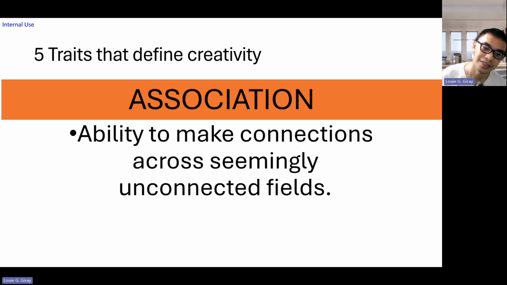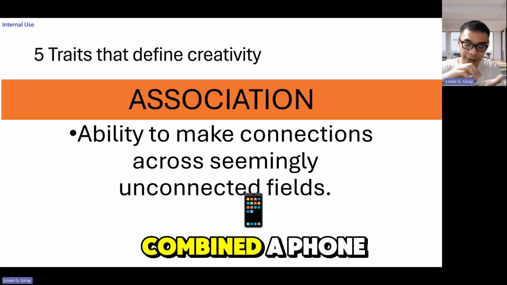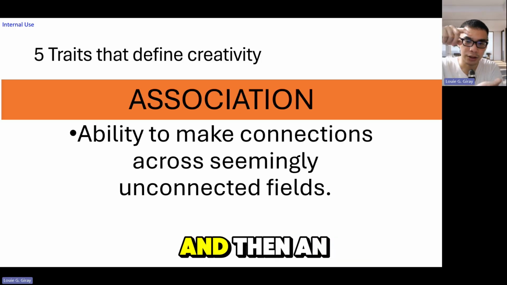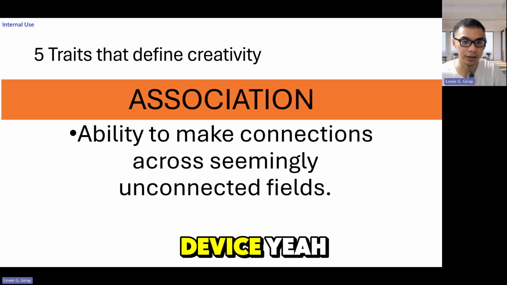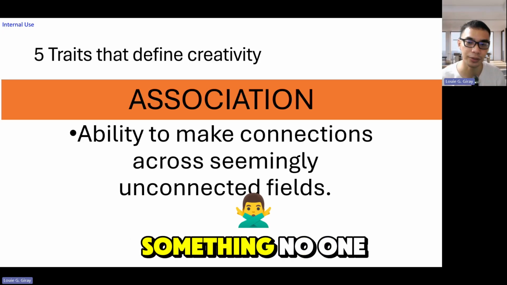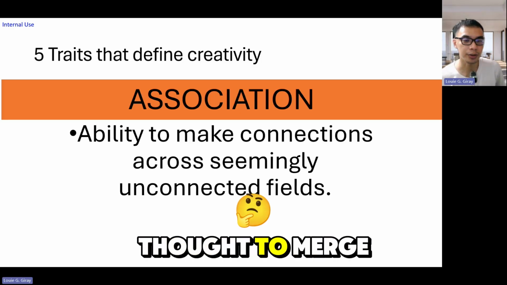For example, the iPhone combined a phone and an iPod and the internet, and all these streamed into one device. Yeah, that's association. Something no one had ever thought to merge before.